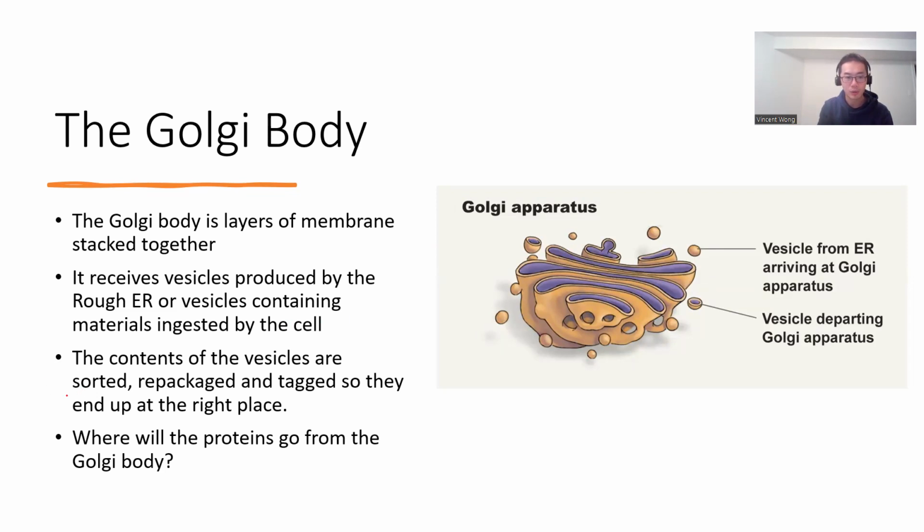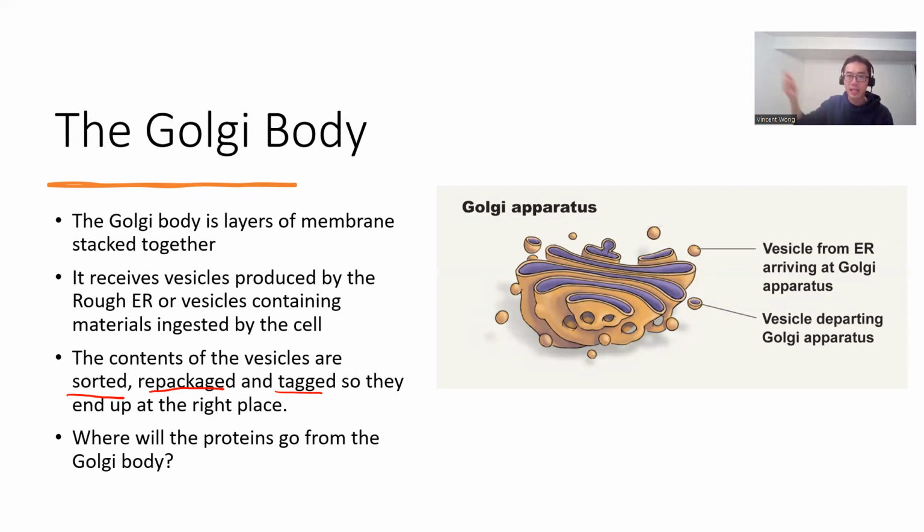And as I told you, the contents are going to get sorted, repackaged, and then sometimes they get tagged, okay? It's like a sorting center at a post office. They put a tag and they say, okay, this one goes to that city, this one goes to that city. Basically, the tags will tell the vesicle where to go.